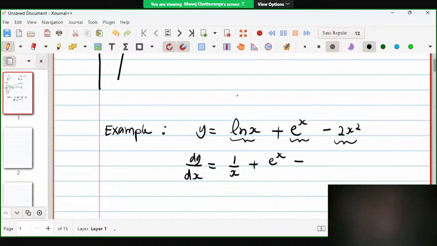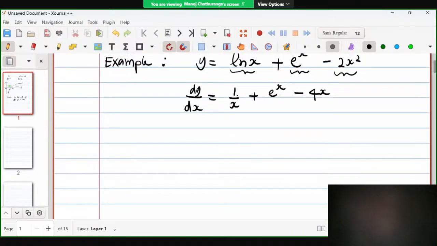Now for this function, we can apply the constant multiple rule. So we keep minus 2 in front, differentiate x squared, which is 2x. So minus 4x. If you want, you can differentiate this one more time, d squared y over dx squared.